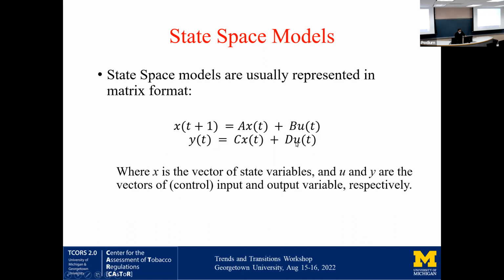Then this matrix here is how the inputs at time t affect the output directly. That mostly works in a static system, because most of the time in what we call a dynamic system, the state is a product of past inputs. So x of t is affected also by u of t minus 1, u of t minus 2, and so on, right?